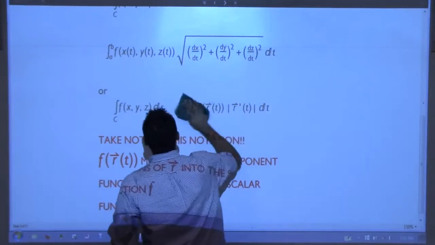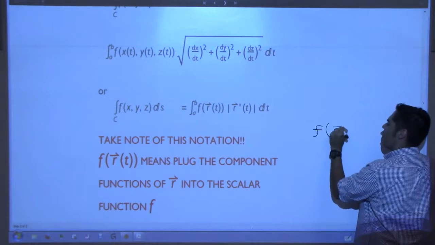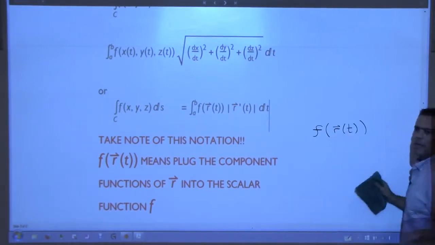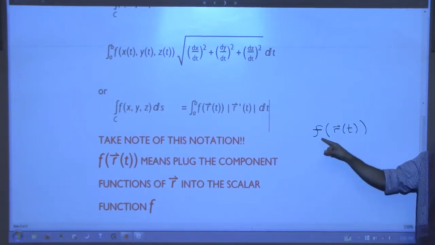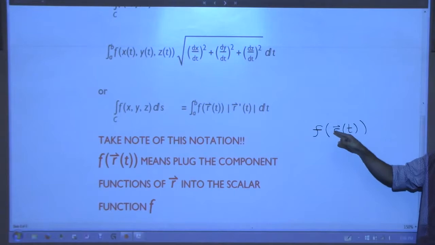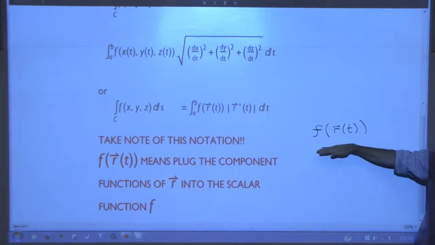And what do we mean by f of r of t? So what do we mean by this? Because we've never seen this. We're taking a vector function and plugging it into a scalar function. So this is a notation thing.